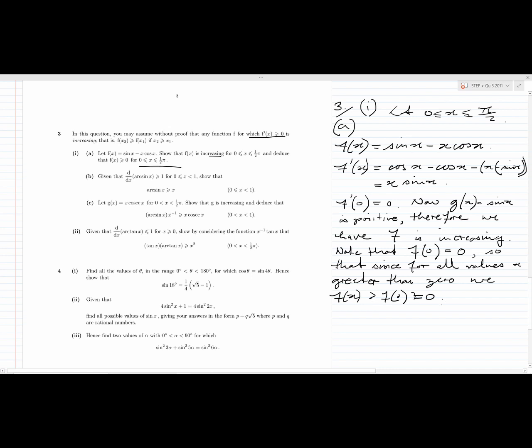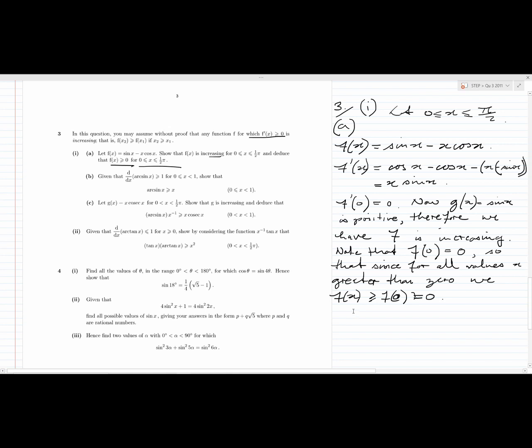So it's that f of x is greater or equal to 0, so therefore we have shown what we need to do, which is what we've got here. f of x is greater or equal to f of 0, which is equal to 0, so therefore we're done.